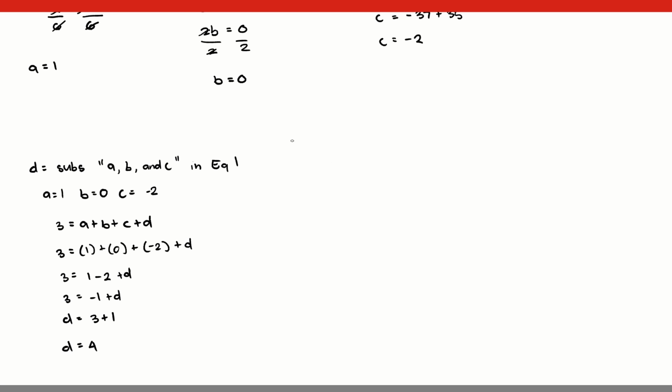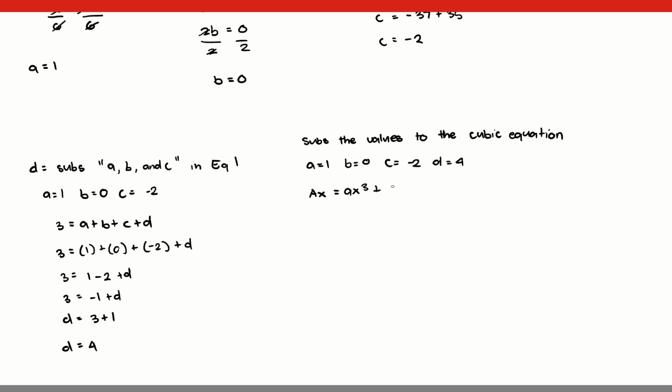So now we need to get its formula. In getting the formula, use the cubic equation: a(x) equals ax cubed plus bx squared plus cx plus d. And now we need to substitute. a is equal to 1, so 1x cubed, b is equal to 0, so 0x squared, c is equal to negative 2, so negative 2x, and d is equal to 4, so plus 4.